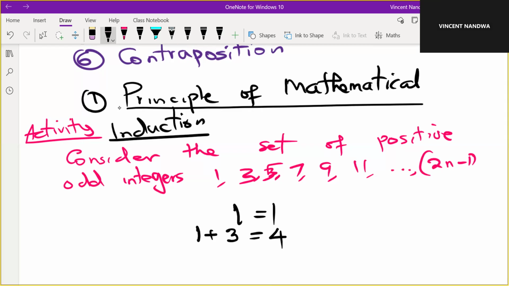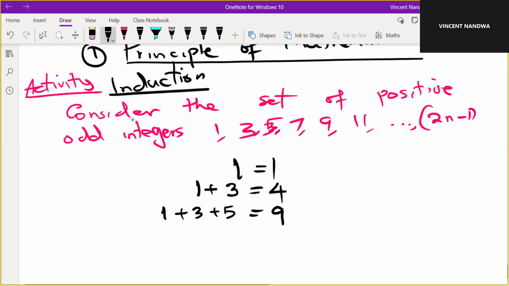Then when I pick 1, I add 3, I add 5, then my answer will be 9. So the sum of the first 3 odd positive integers is giving me 9. If I have 1 plus 3 plus 5, then plus 7, what do I get? 16. So that's the sum of the first 4 odd positive integers.